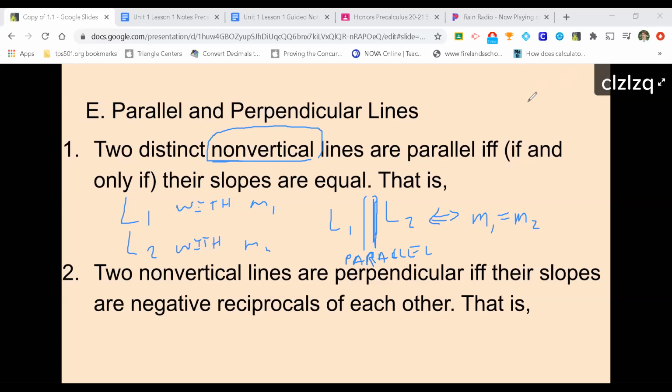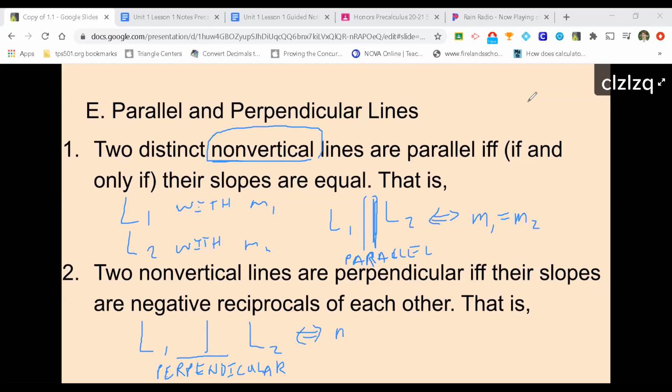All right, two non-vertical lines are perpendicular if and only if their slopes are negative reciprocals of each other. Look at all those $5 words. So again, if we assume that we have line 1 with slope M1 and line 2 with slope M2, then we will say that line 1 is perpendicular to line 2 if and only if they're negative reciprocals of each other.